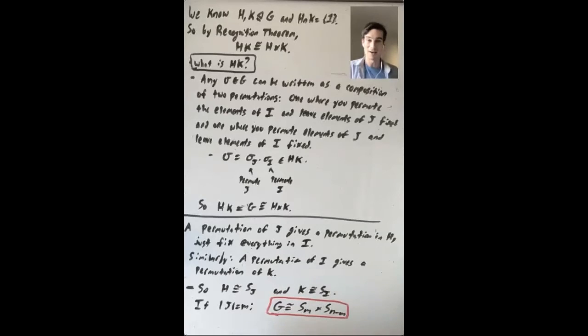So in particular, if you just pick a size for J, then you can see now that all the symmetric groups on a set of size m are isomorphic to each other. So if the size of J is m, then H is isomorphic to Sm, and K is isomorphic to S, whatever the size of I is, which is n minus m.